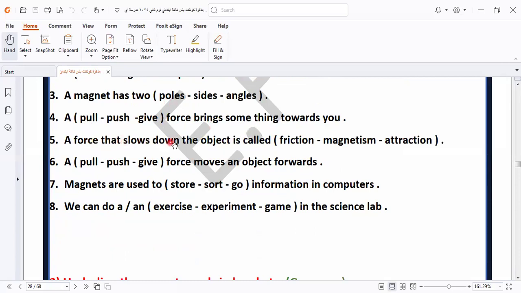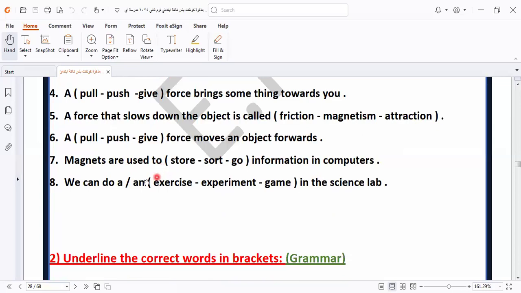A force that slows down an object is called friction. Force moves forwards. The previous one is towards. Here is forward. So forward, it will be what? Push, excellent.